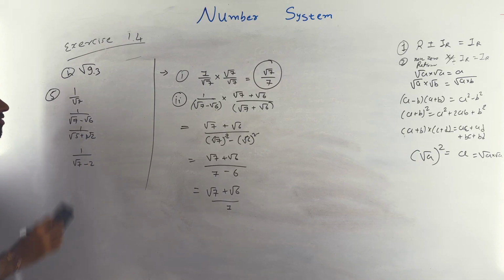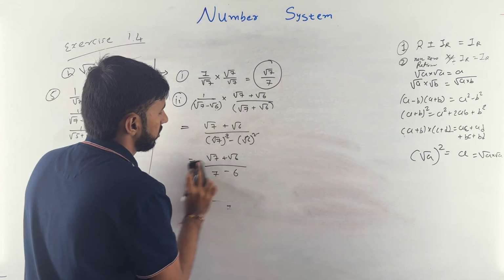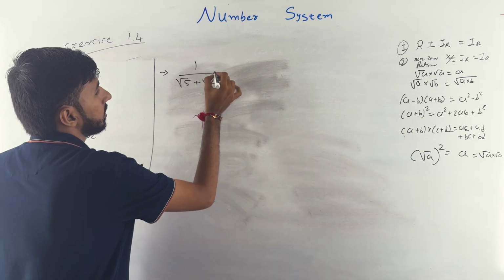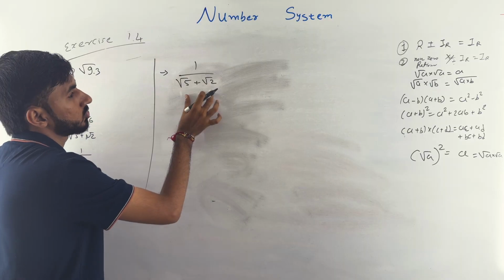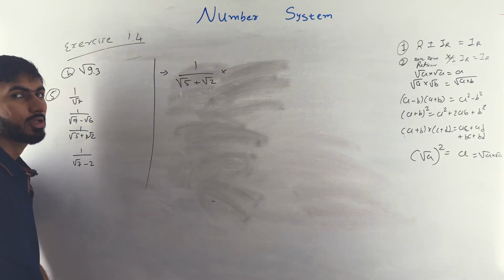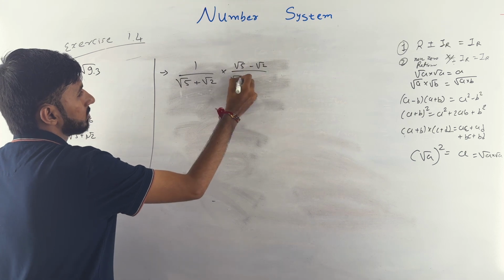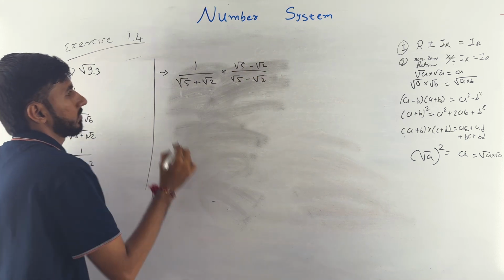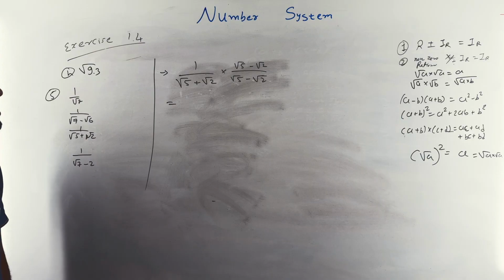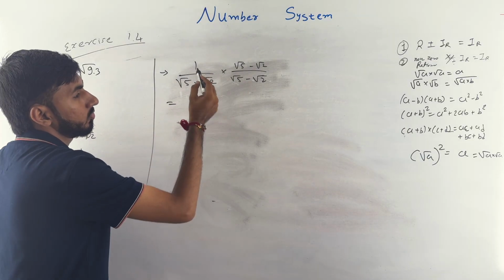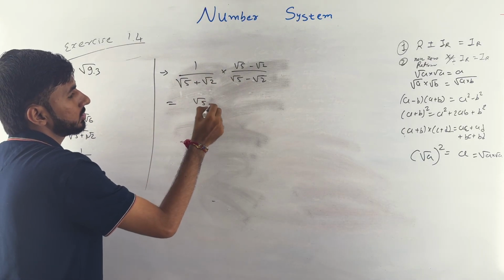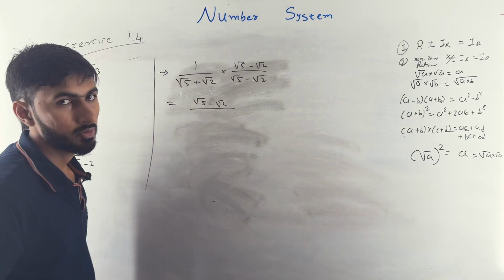Now 1 upon square root of 5 plus square root of 2. Again, a very easy question. Here we have a binomial, so we will multiply and divide by the conjugate of that number, and that is square root of 5 minus square root of 2. Just change the sign between them, right? Now in the numerator I have 1 multiply this, so it is root 5 minus root 2.